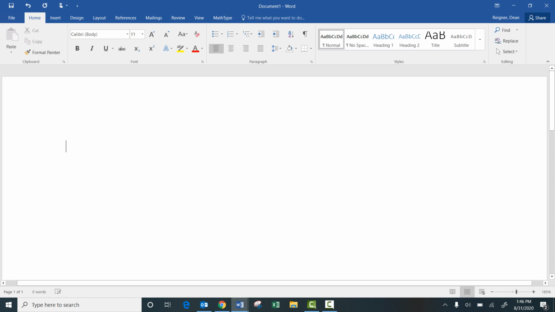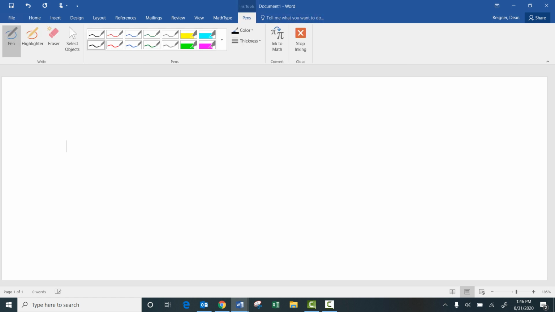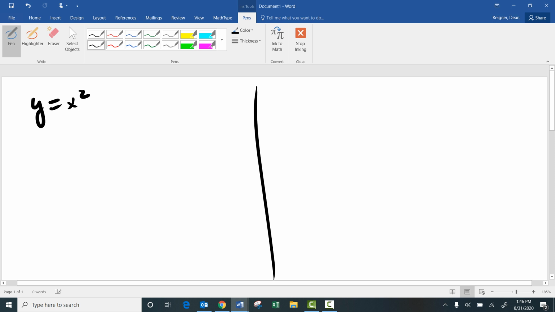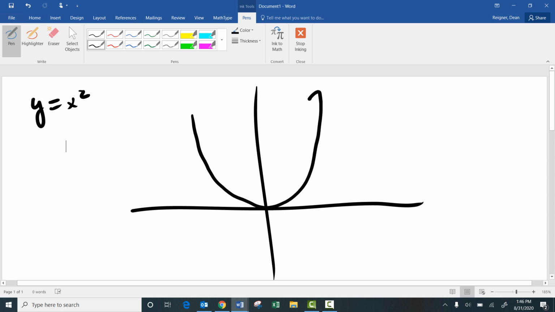So the graph that we have is y equals x squared. The problem says we're given a point. So here's y equals x squared. The point is 2, 4, so that's somewhere right around there.